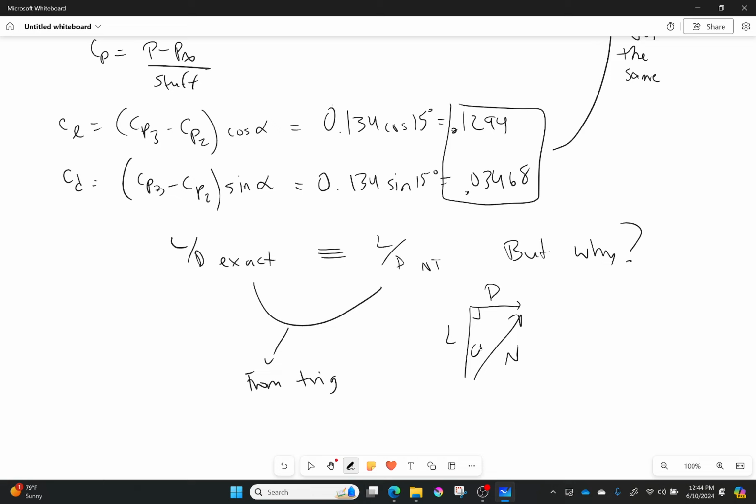I have some angle right here, which is the angle of attack. And so lift over drag is simply equal to normal force cosine of alpha over normal force sine of alpha. And what you'll notice here is that the normal force cancels, and so all it matters on is the angle of attack.